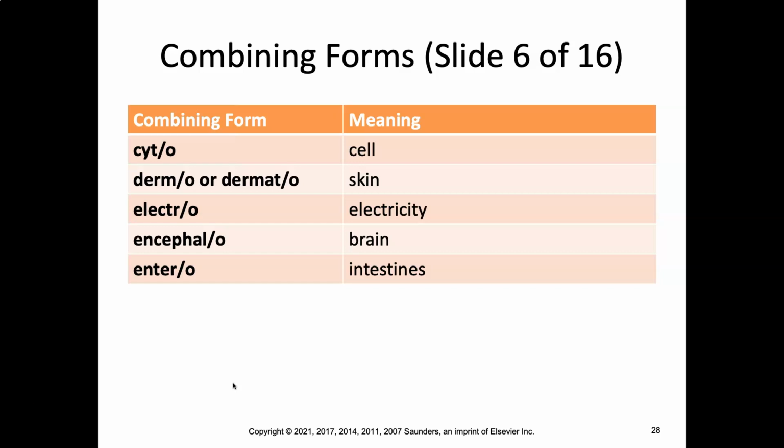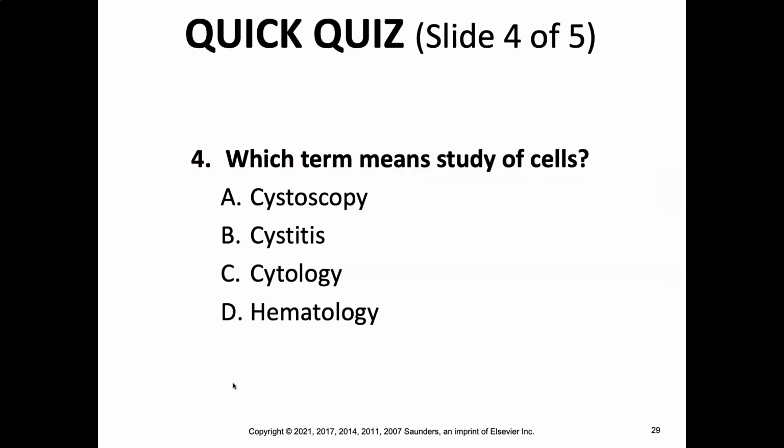So watch out for that because you'll see as we go through here, some of these combining forms have the same meaning, but there's multiple ones. Electro, encephalo, entero. Which term means study of cells? Well, we know study of is logy. Now we need to think about cells, and that should help you with this.